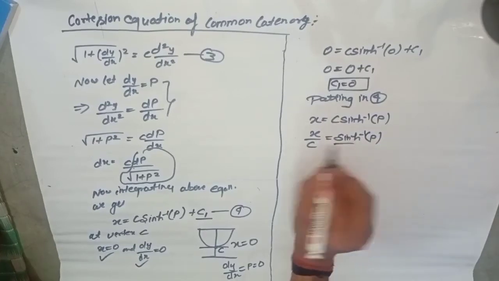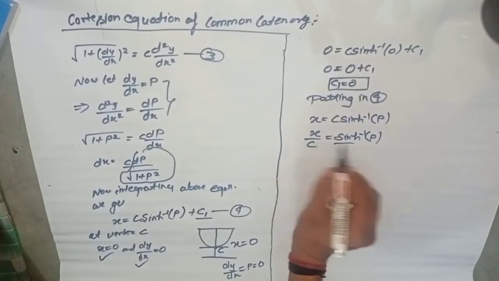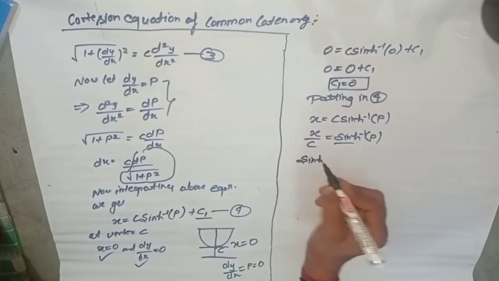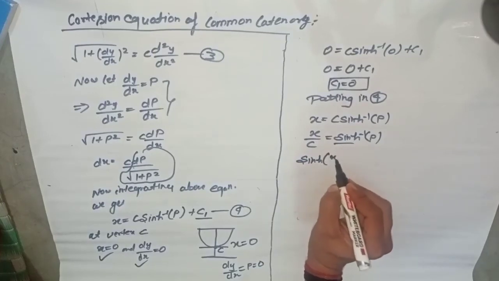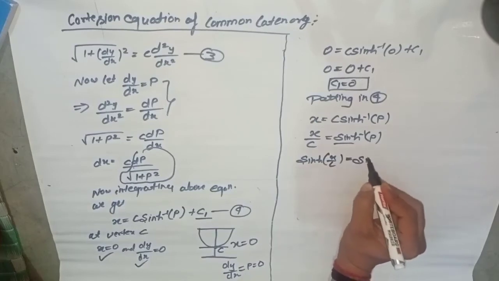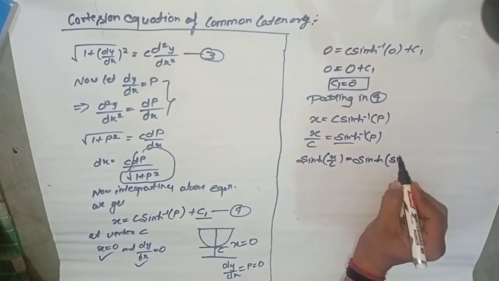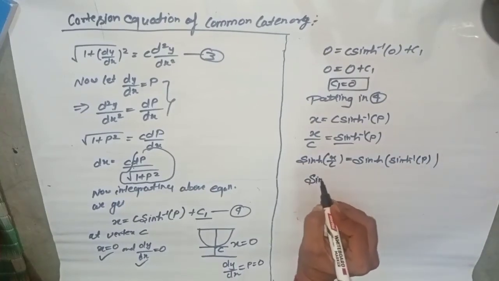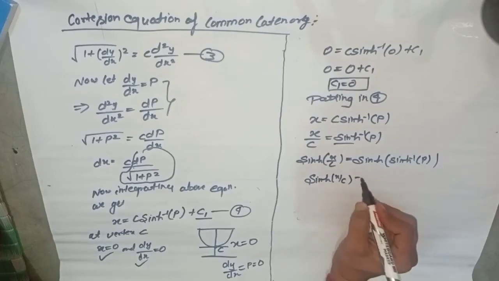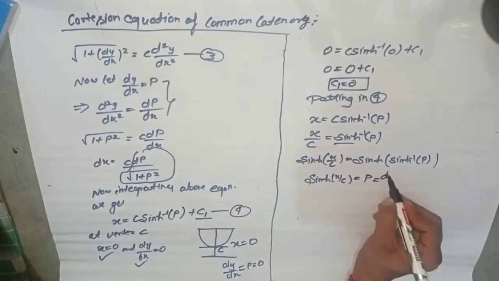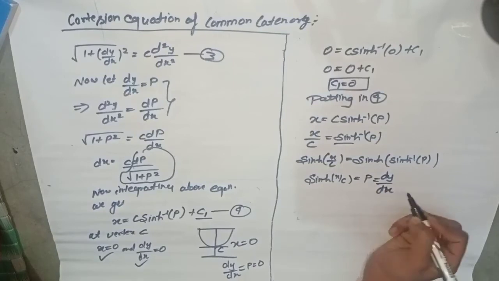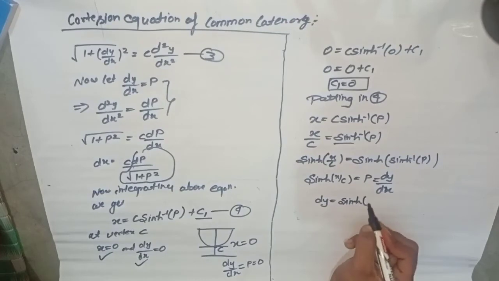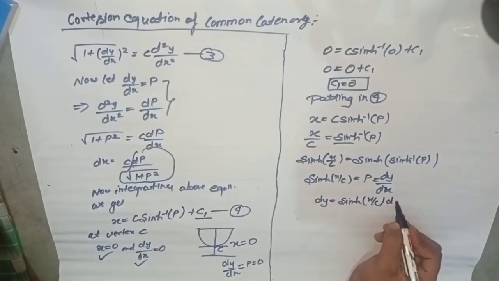Taking sine hyperbolic of both sides, we get sine hyperbolic x by c equal to p, and the value of p is dy by dx. Now we write dy equal to sine hyperbolic x by c into dx.